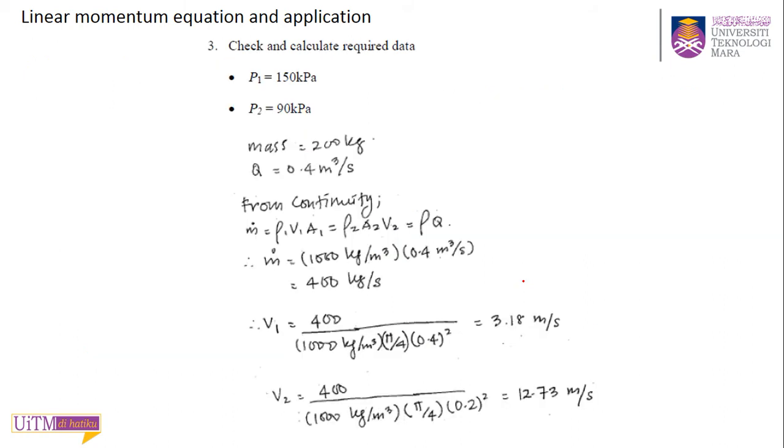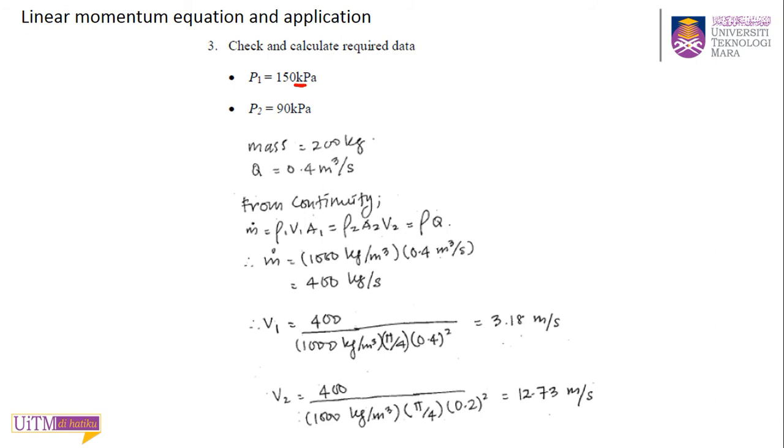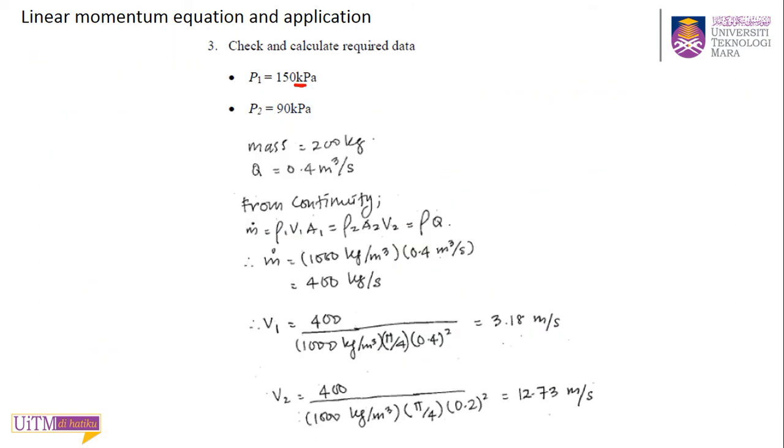They gave you the P1 equal to 150 kilopascal. Take note this is kilopascal, so you need to multiply by 1000, and P2 is 90 kilopascal, and you have the mass is equal to 200 kilogram, and you have your Q equal to 0.4 meter cube per second.